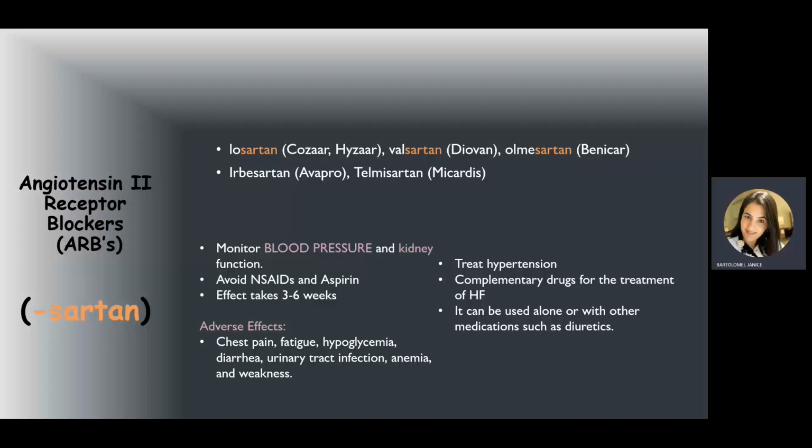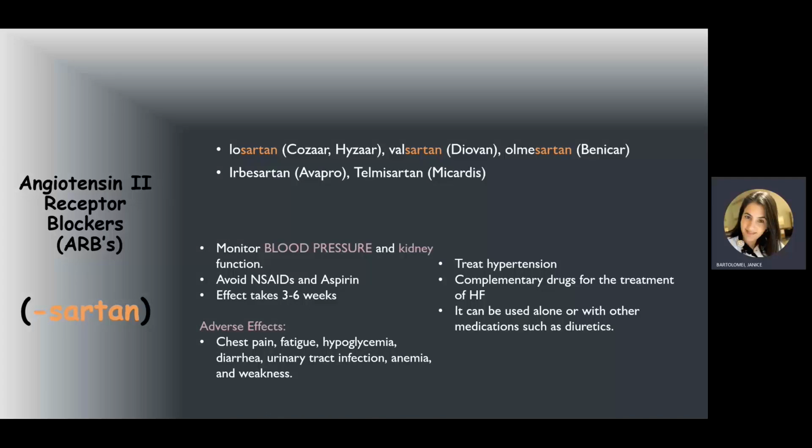And if someone, for example, has a failure on ACE inhibitors because of the cough or the angioedema or whatnot, they might switch them to ARBs as a second chance at the therapy because they still do the same. Now they're a little bit more expensive, financially.